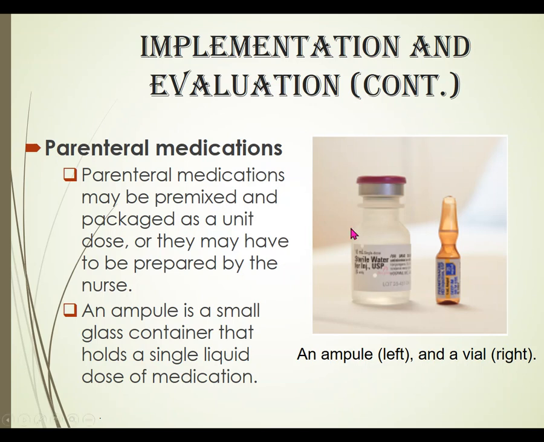If it's in a bottle like this, a plastic bottle, obviously there would be no need for a filter needle. But after we remove the lid, we would swab the top of that with alcohol, and then we would draw up our medication, and then again, you would remove that needle and put on the needle that is required for the route of administration you are delivering.